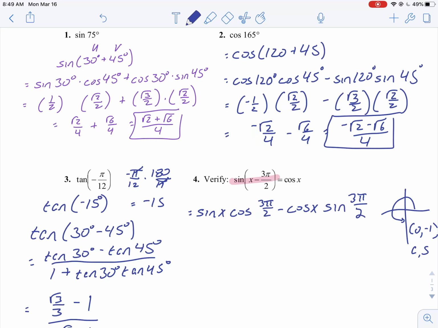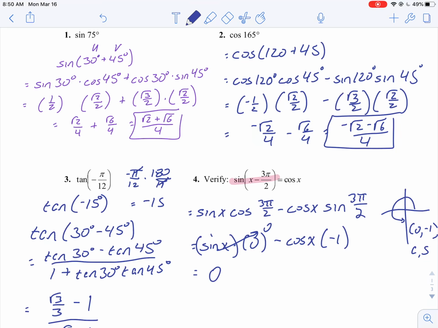So, to simplify this expression, sine of x is simply still sine of x because I don't know the value of x. The cosine of 3 pi over 2 is 0. Minus cosine of x is simply cosine of x. And the sine of 3 pi over 2 is -1. If I clean up this expression, sine of x times 0 is 0.